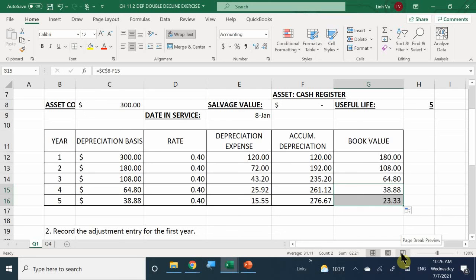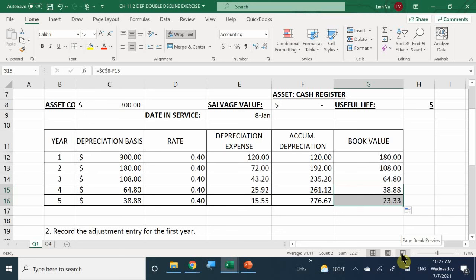We went from 300, minus 120, to now make it become 180. And then for 180, we multiplied it again and cut it in half again to be $72 to bring it to 108. So we're almost cutting it in half every single time.